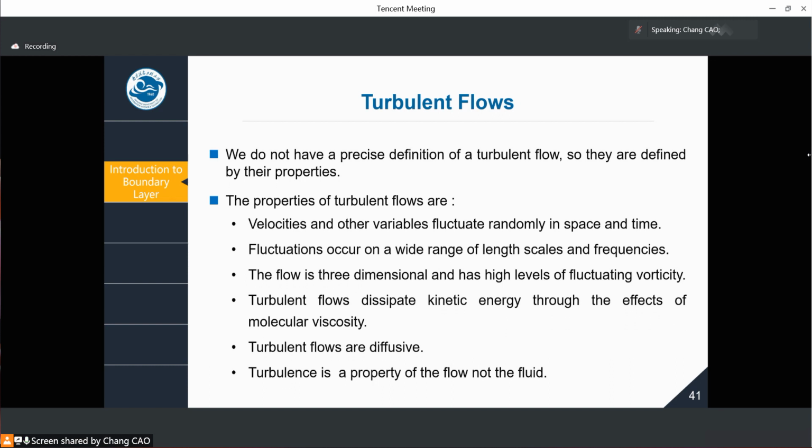It has a 3D structure and is usually randomly fluctuating, and it varies or occurs over a wide range of length scales and frequencies. I think each of these properties we will encounter in the following lectures. At that time, when we talk about one of the properties, please recall what we talked about regarding turbulent flows in today's class. They have a relationship.